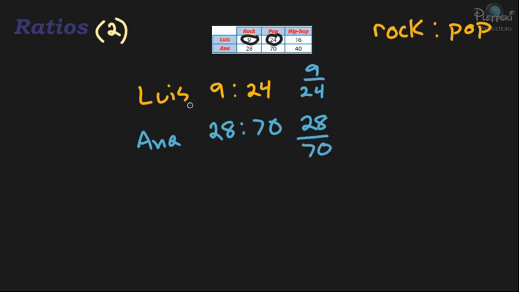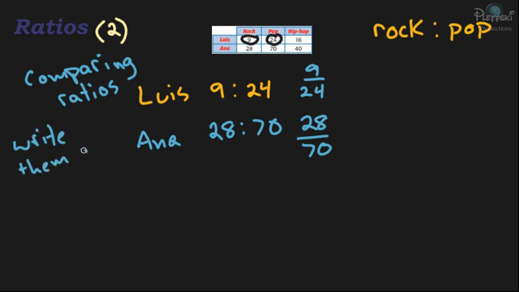So the first step when you're comparing ratios is to write them as fractions. And then if you remember from working with fractions, when you compare fractions, you need the same denominator.